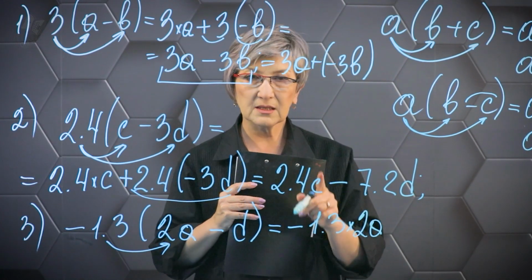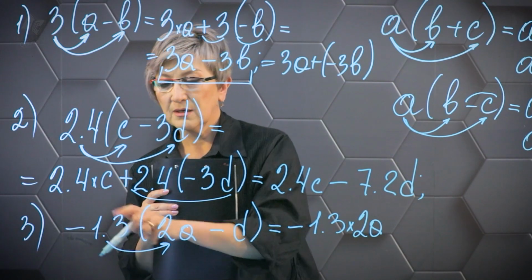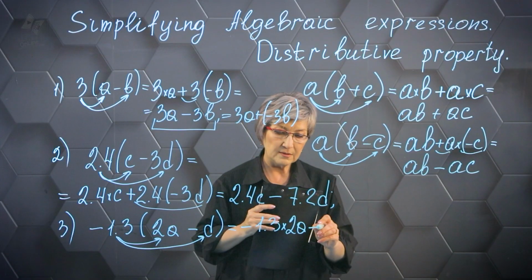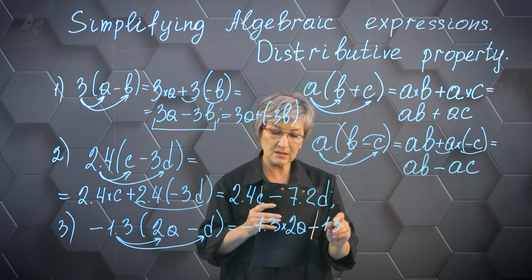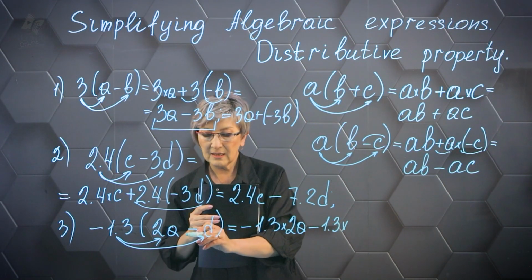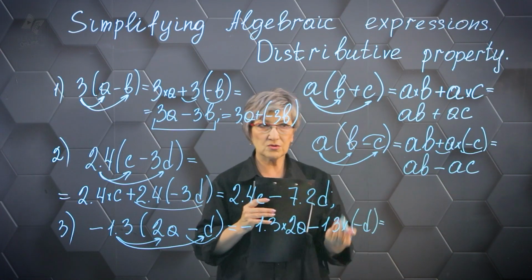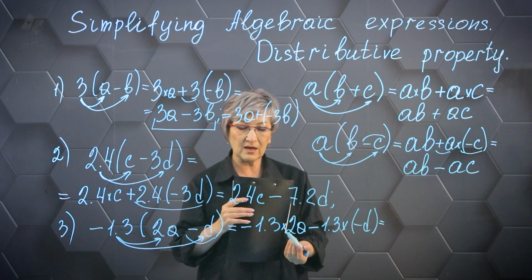Notice our next step. I am going back to minus 1.3. Then you will never confuse the signs. Minus 1.3 times minus d.